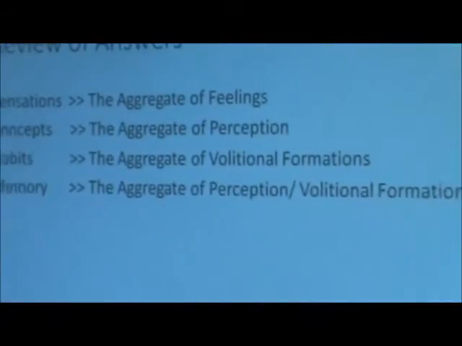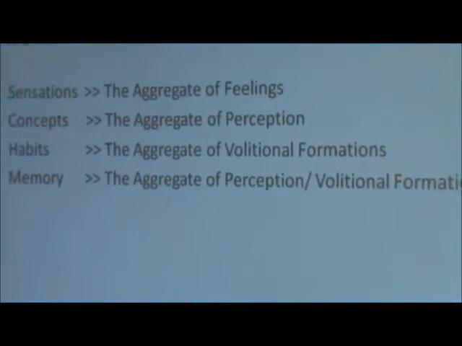So it could be volitional formation, like habitual patterns. So memory has two aspects. One is the cognitive aspect, that I remember you, I remember that thing, and that is in the perception category. But other memories that are built into your body fall into the volitional formations category. So if you have wrong answers, please correct them based on this.